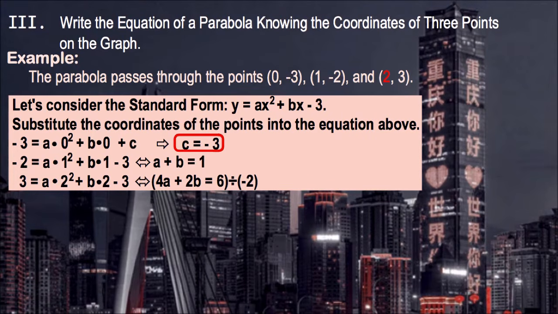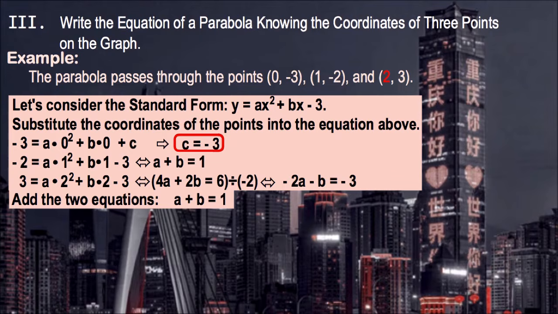Now let's divide both sides of this equation by -2, which gives -2a minus b equals -3. Now why do we do that? We set ourselves up to add the two equations to eliminate one of the variables.